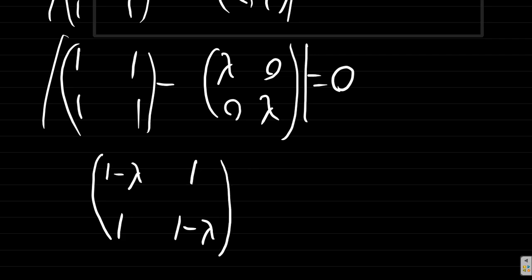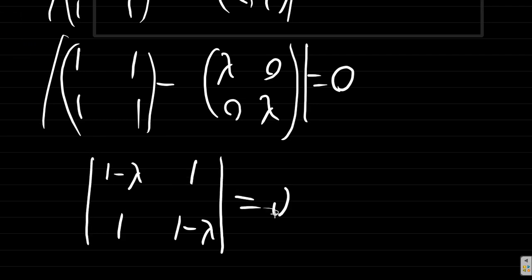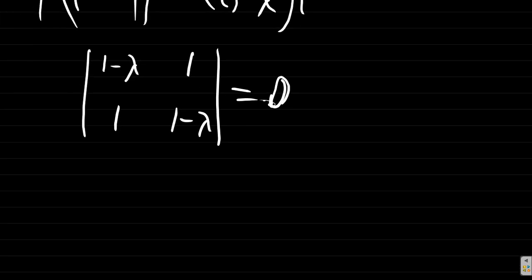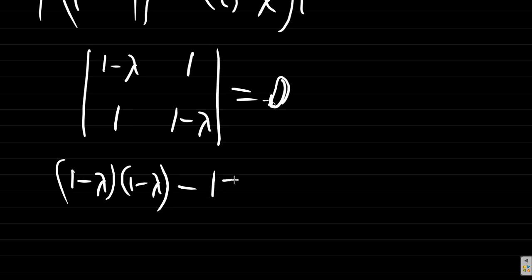Oh, by the way, it's the determinant that I want, so let me put the vertical lines, equals 0. Now, here, we find the determinant. It's 1 minus lambda times 1 minus lambda, minus 1 times 1, is equal to 0.